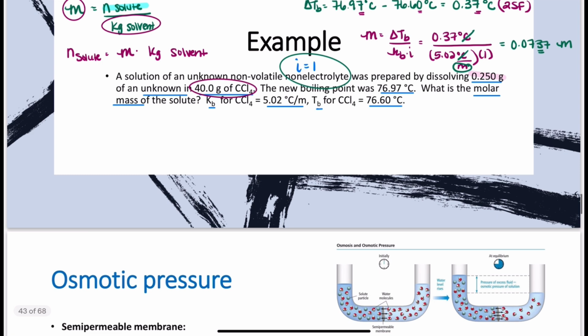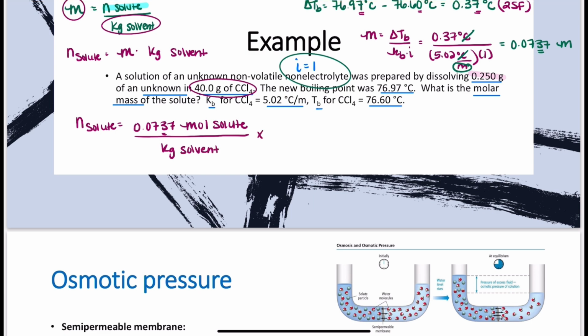My number of moles of solute is equal to 0.0737, again marking my sig figs, molal, which again is moles of solute over kilogram of solvent. Multiply that by the kilograms of carbon tetrachloride used, because that is my solvent: 0.0400 kilograms of carbon tetrachloride.